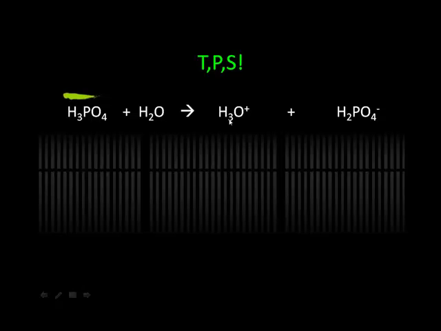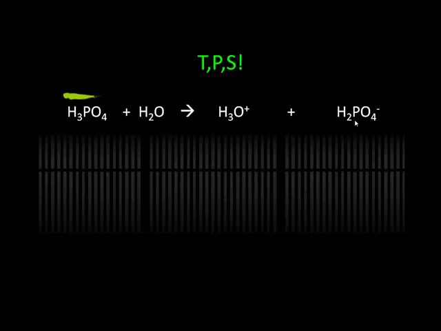Okay, so that means that H2O received a hydrogen to become H3O plus. And notice this product, H2PO4, used to be H3PO4. Notice it lost a hydrogen. So that makes it an acid.